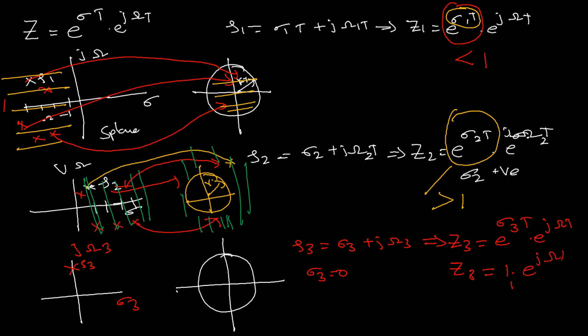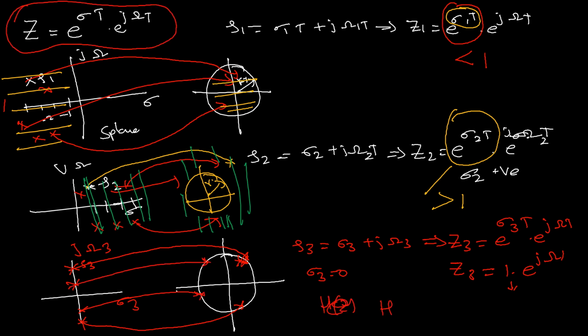What it indicates is that the magnitude of Z pole is always 1. So S3 is mapped to the unit circle. Similarly, if you take any pole on the j omega axis, definitely these poles are mapped onto the unit circle.